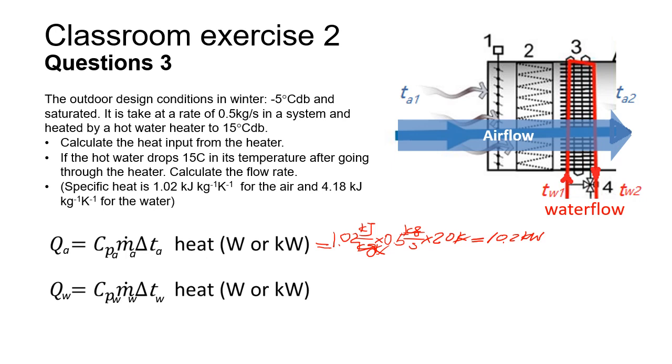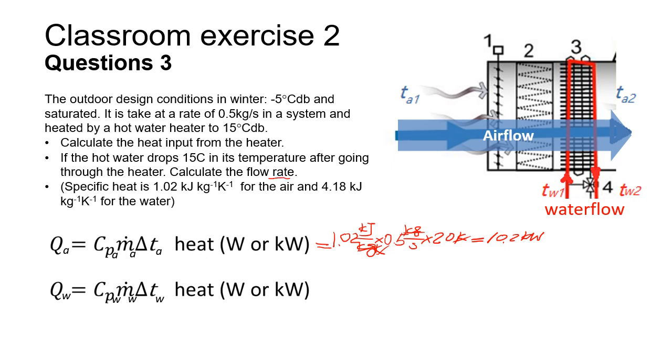Now the same: what the air gains will be the heat lost by the water. So therefore it asks, if the water drops 15 degrees in temperature, calculate the flow rate of water.